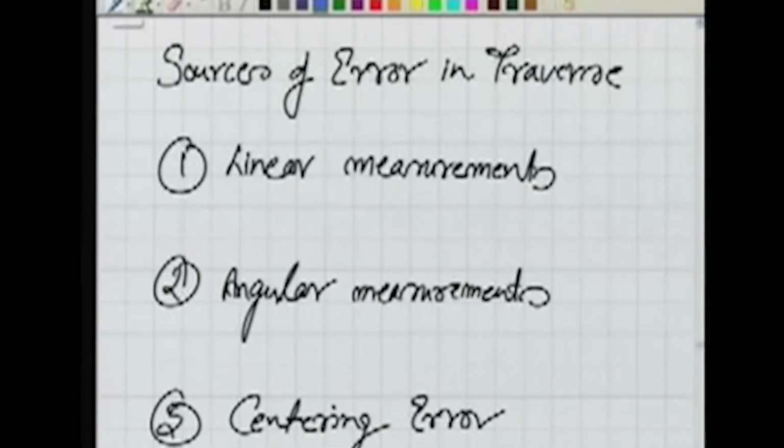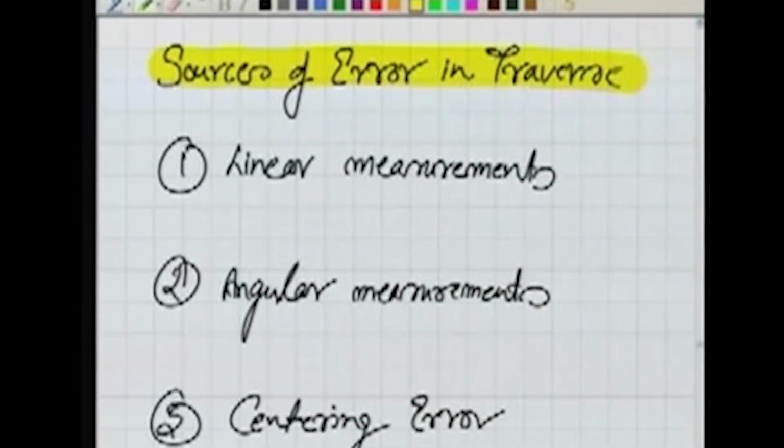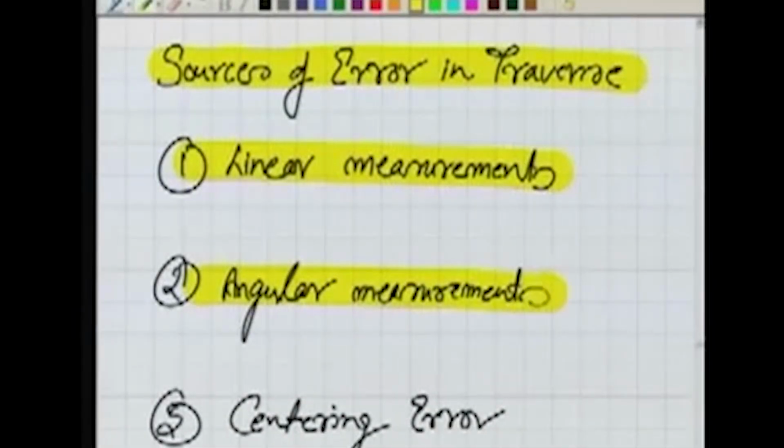So if we discuss overall, the sources of error in a traverse could be the linear measurements, naturally, because we are measuring the length, so because of the length there will be error. Also because of the angle measurement, the theodolite, the compass, whatever instrument we are using has got error. The personal error, error because of nature, all these are involved.